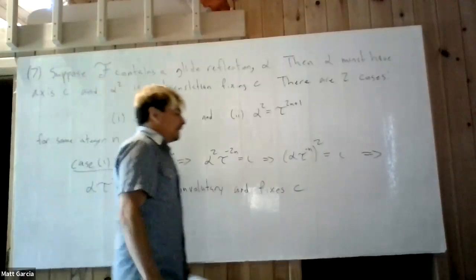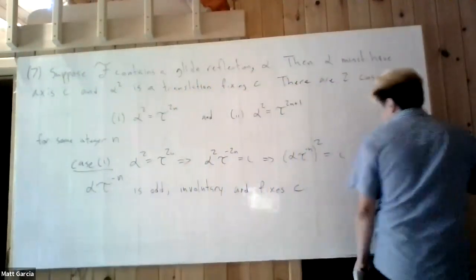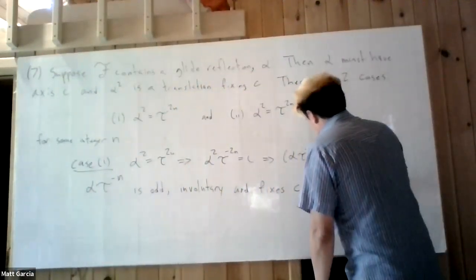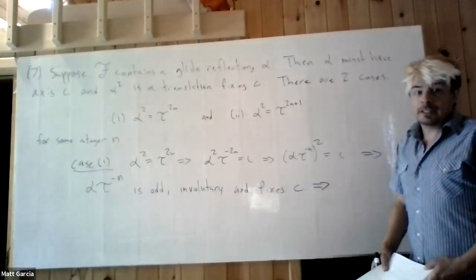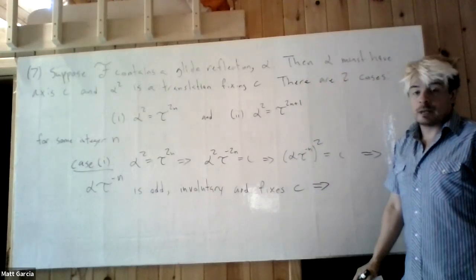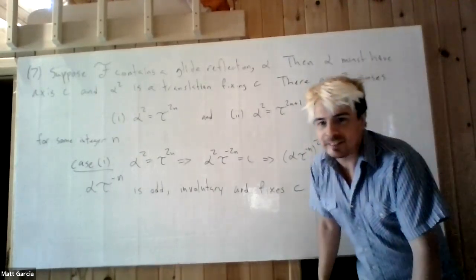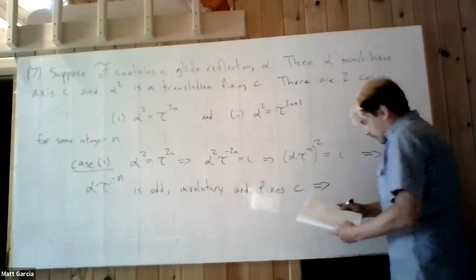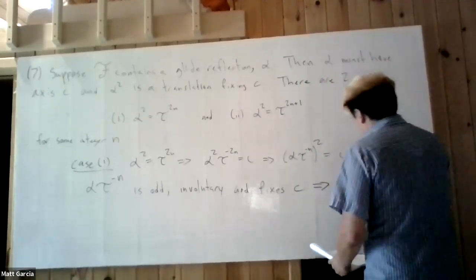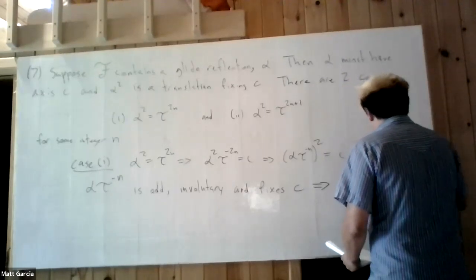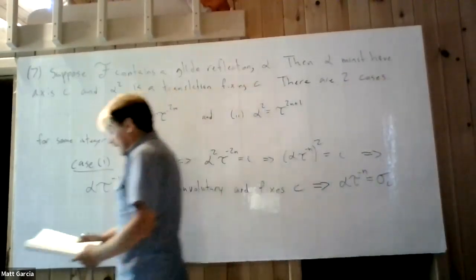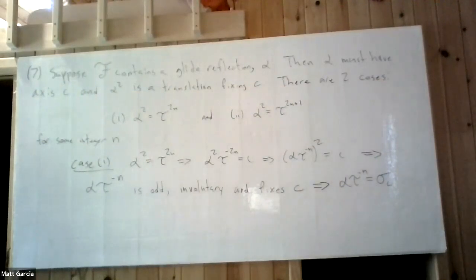So what is an odd involutory isometry that fixes C? There's only one unique isometry that does that. Okay? Reflection in C. Yeah, thank you, Spencer. This implies that alpha tau to the negative n is equal to sigma sub C, reflection in the center of our Frieze group.